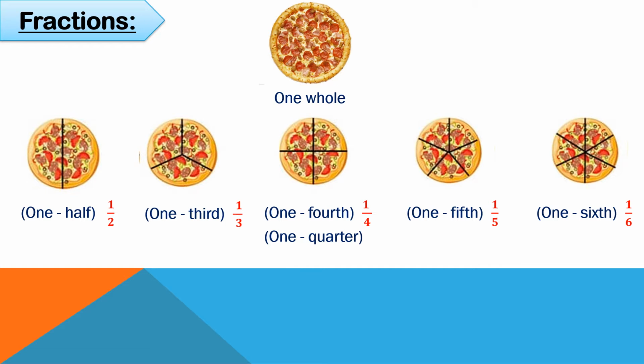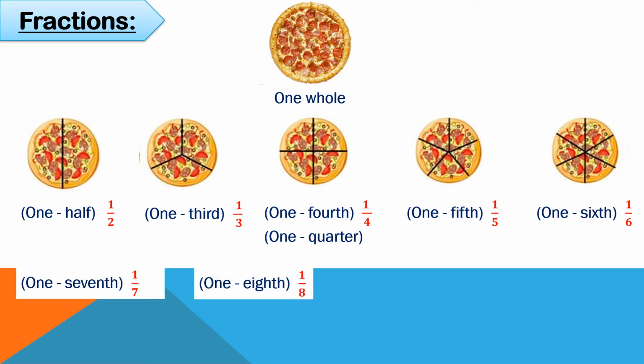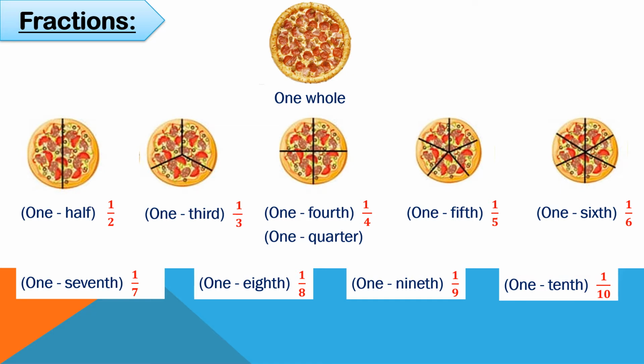If they are 7 kids, each one will take 1/7. If they are 8, 1/8. If they are 9 kids, each one will take 1/9, and it can be written like this, 1/9. If they are 10 kids, each one will take 1/10, and it can be written 1/10.